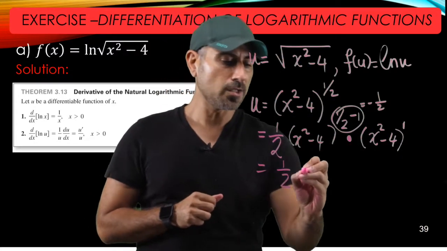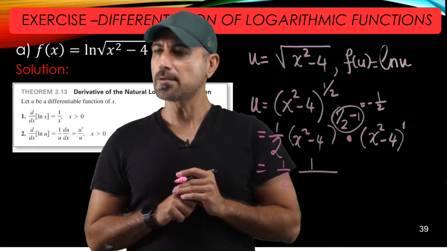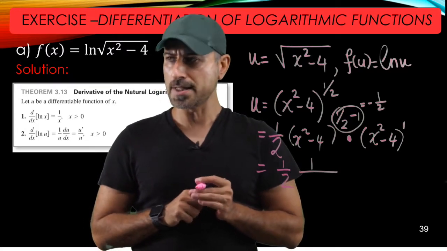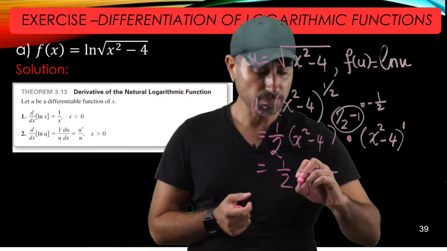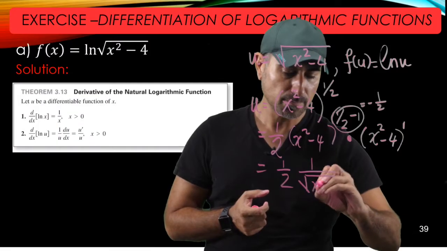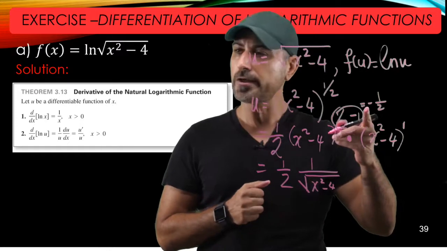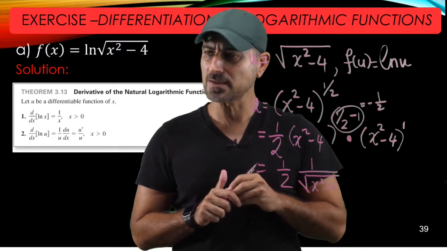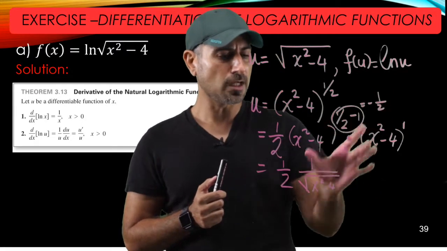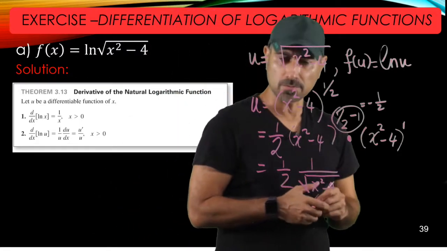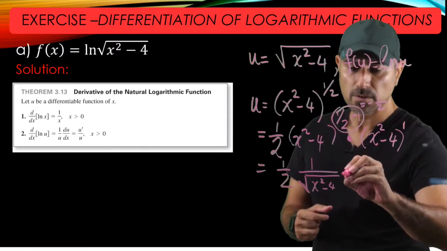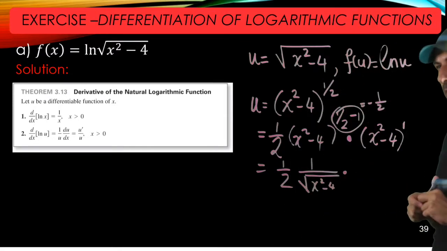It's going to be 1 over x squared minus 4 to the power of 1/2, which is the square root of x squared minus 4. We generally don't carry forward the powers like this, and if you can write this term in this form at the end, that's always better in terms of the look, times the derivative of x squared minus 4.